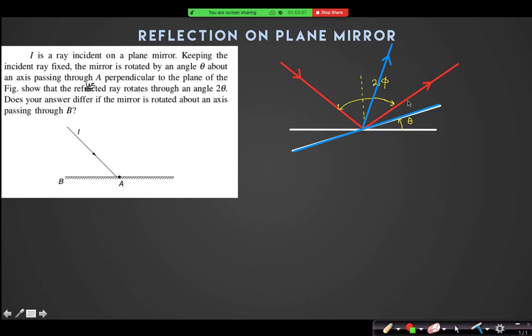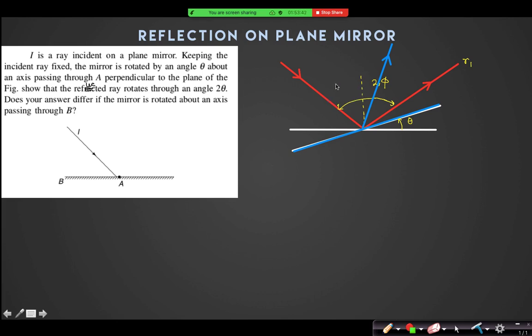Look, if this is the fixed line, draw the normal of the new line. We can do it in a very simple way. By drawing the normal we can do it, but again by drawing from this line we can do it, I think, because look, initially the angle from this fixed line to this reflected ray 1 was 2 phi, right?